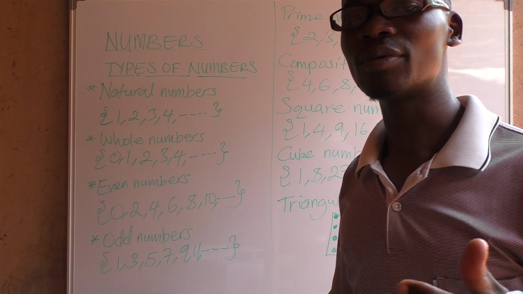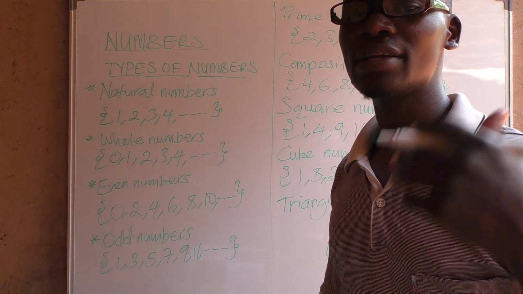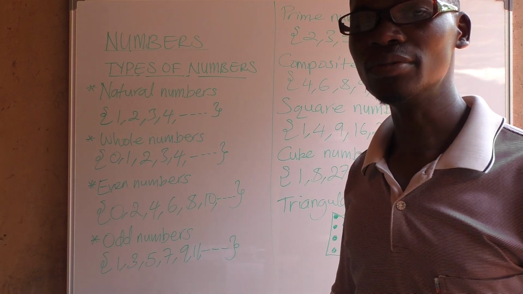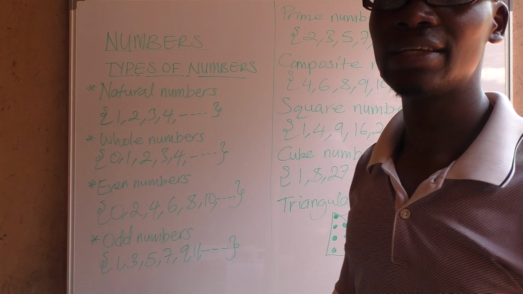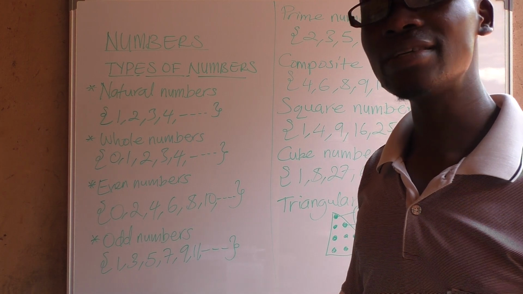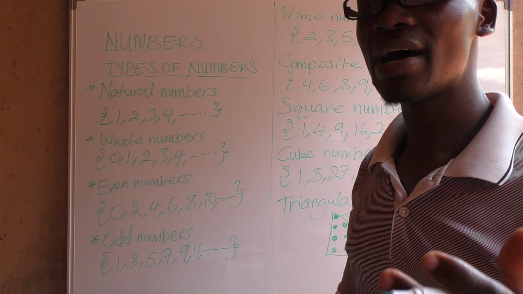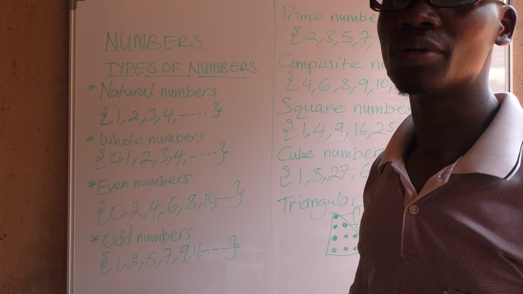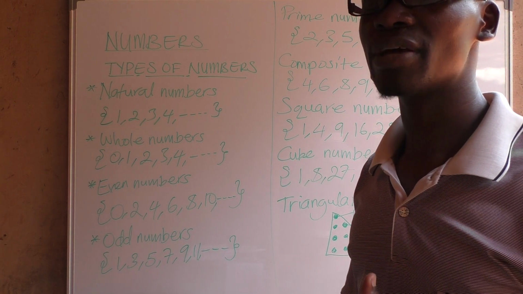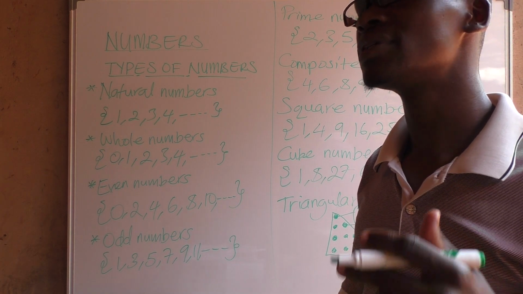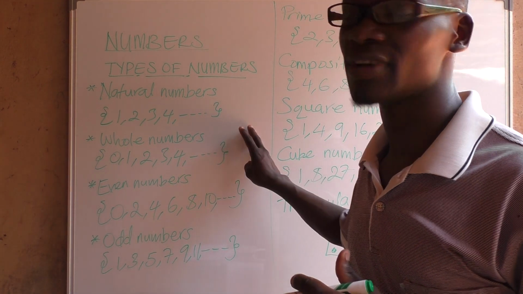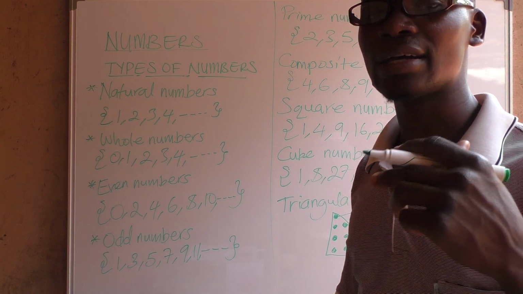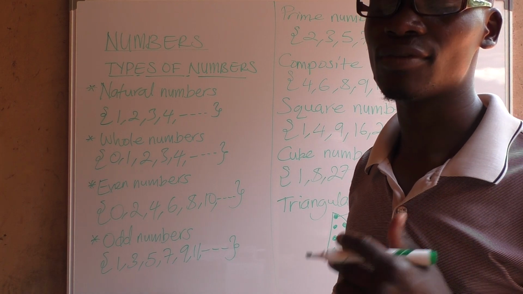For instance, they will give you set A equals to the first 10 composite numbers, and set B equals to the first 10 square numbers, and they will ask you to find the number of the members of the intersection part. So for you to work out such a problem, you must have the knowledge of the types of numbers. You must know what these numbers are and how we list the members of each set.